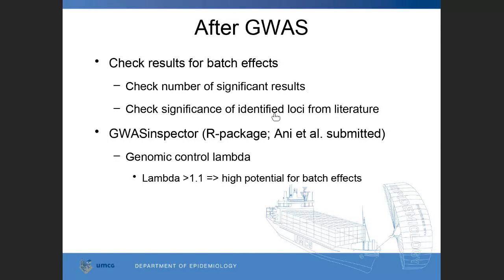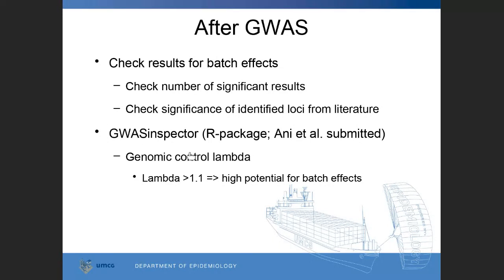What you can also do is look in the literature, for instance in the GWAS catalog, and find out which SNPs were identified in an earlier study, and check what the significance is in your study, or vice versa. Check which significant results you find in your study and check if they match those from the literature. We would also advise you to run a QC on the results of your GWAS study.